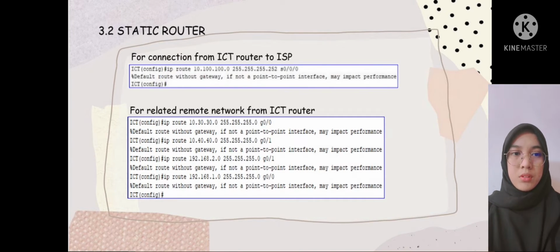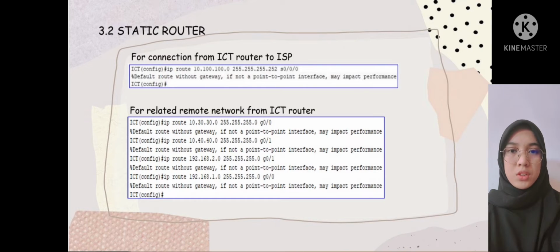For the related remote networks from the ICT router, we configure ip route 10.30.30.0 255.255.255.0 G0/0, and then ip route 10.40.40.0 255.255.255.0 G0/1, and then ip route 192.168.2.0 255.255.255.0 G0/1, and the last one is ip route 192.168.1.0 255.255.255.0 G0/0.